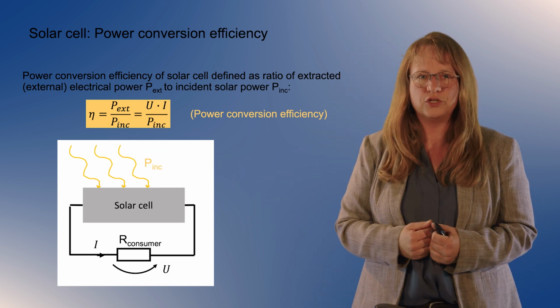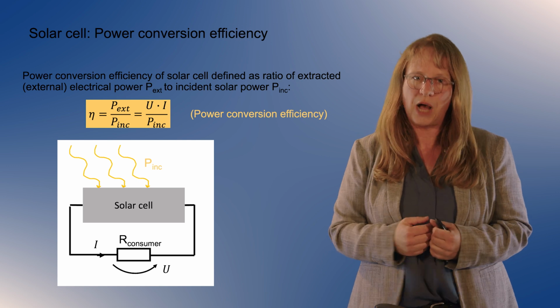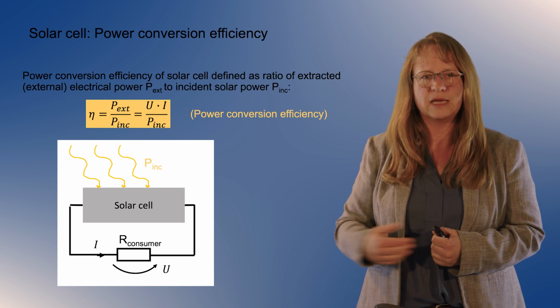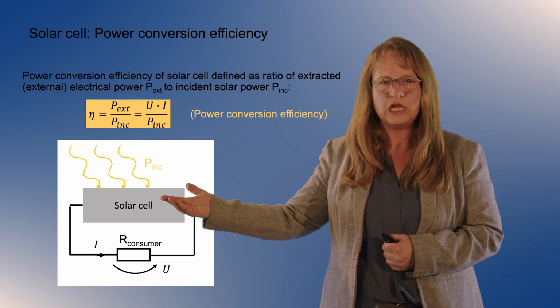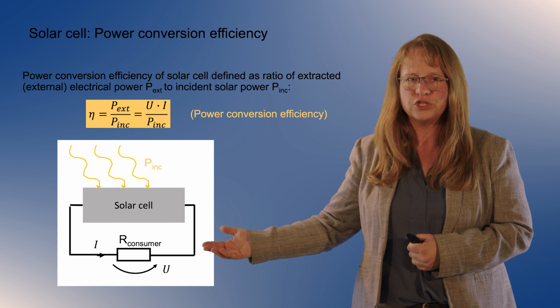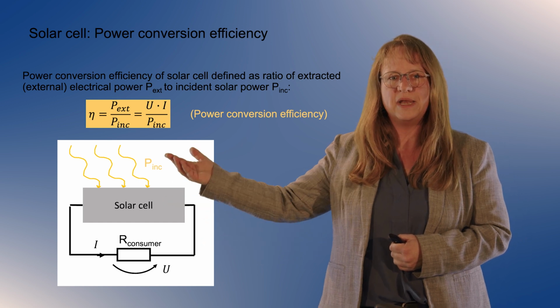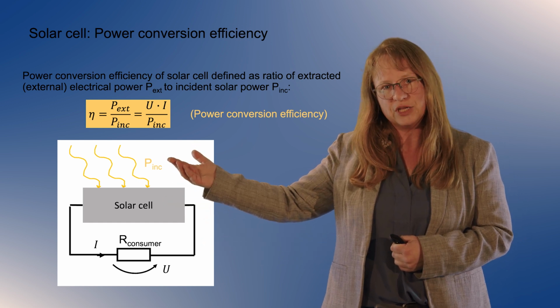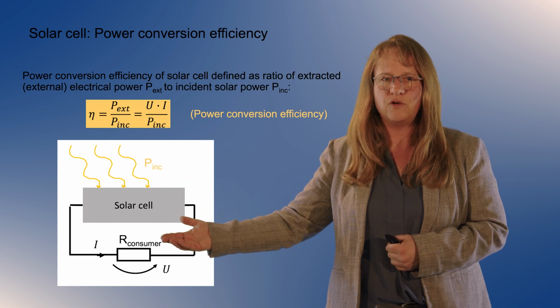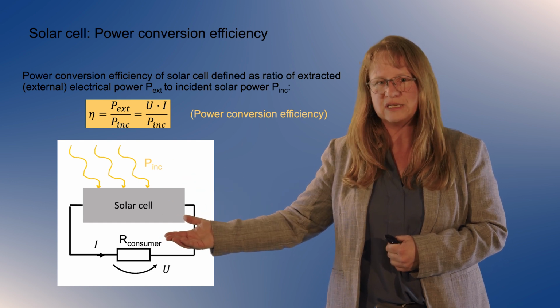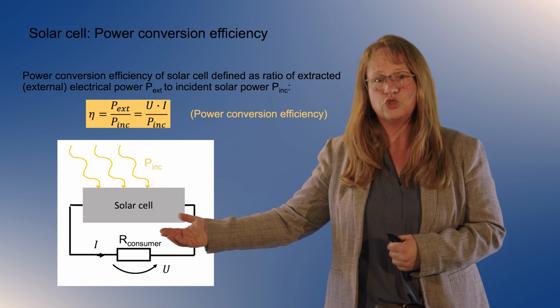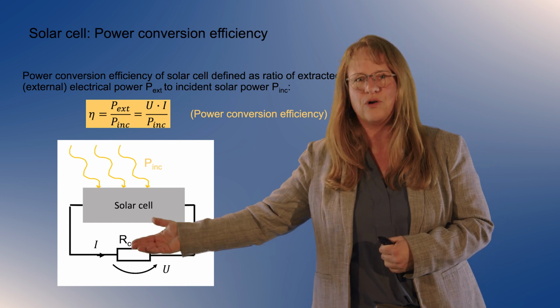And in order to look at what electrical power is extracted, we can consider our solar cell here in an electrical circuit. So our solar cell is illuminated by an incoming solar power, and then we have some load in the circuit. I just called it here a consumer resistor to model all of the consumer.